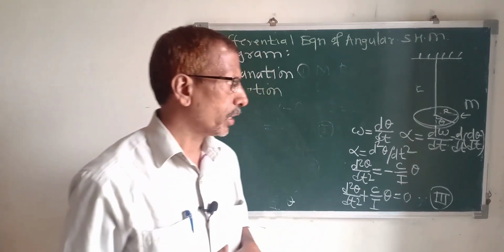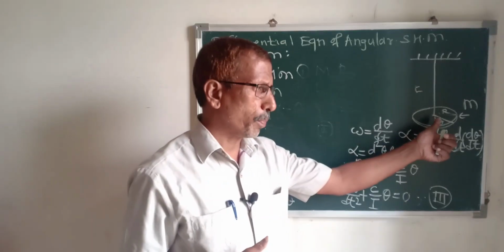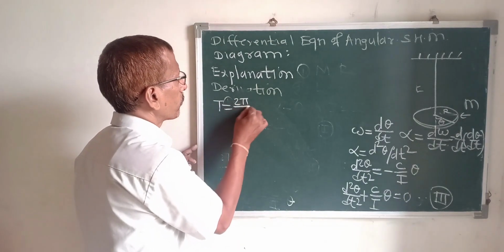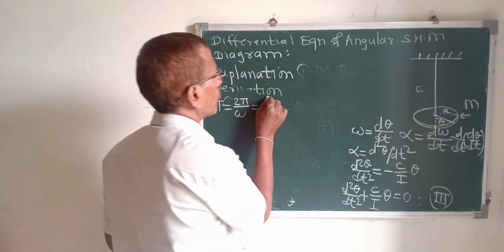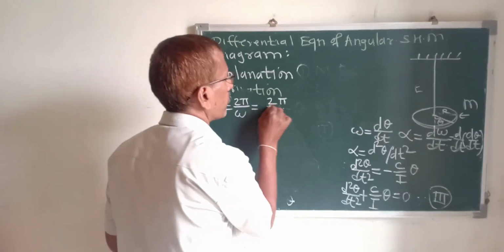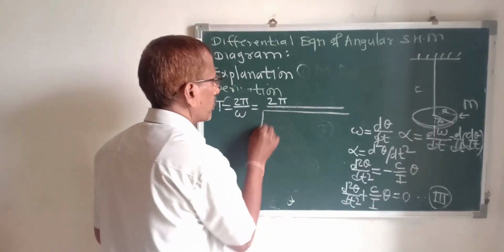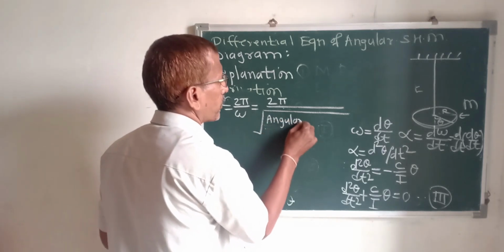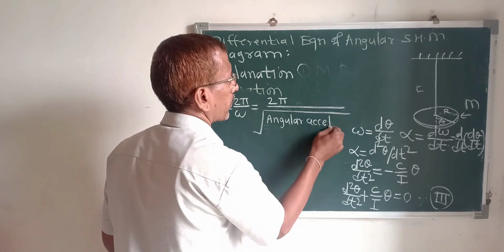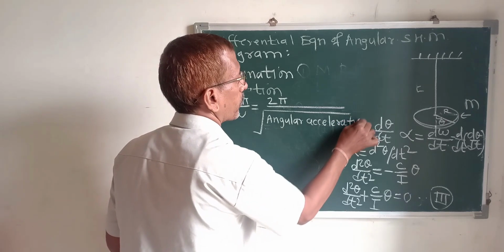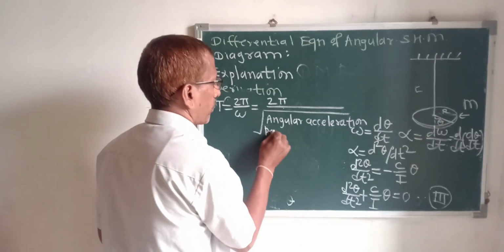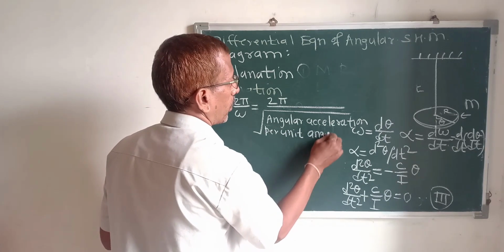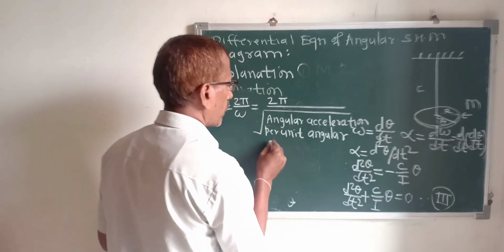So we can write the period of a torsional pendulum, T is equal to 2 pi upon omega is equal to 2 pi upon the square root of angular acceleration per unit angular displacement.